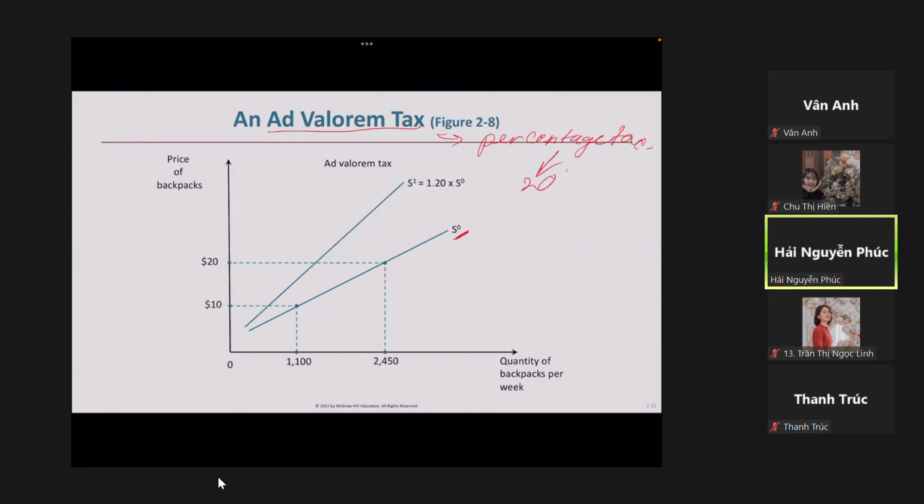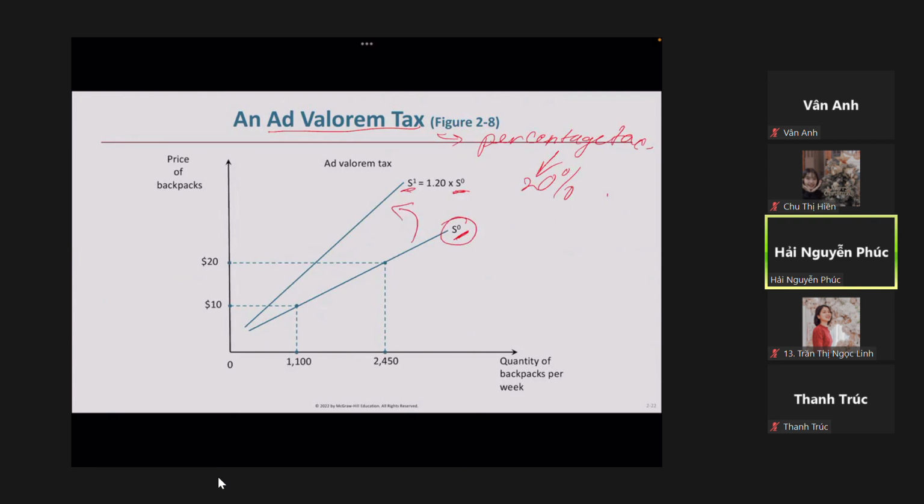Here is our initial supply curve. The new supply curve is going to be 1.20 times the old supply curve, and on this graph you can see that the supply curve rotates to the left.